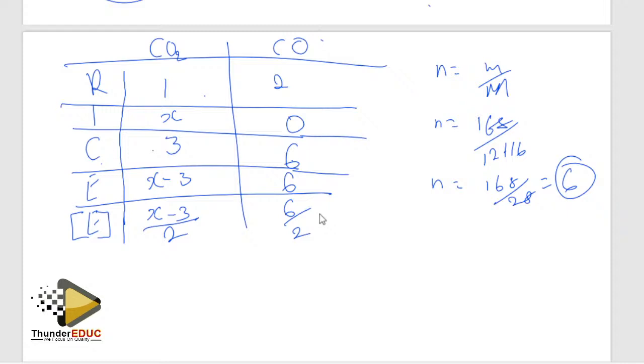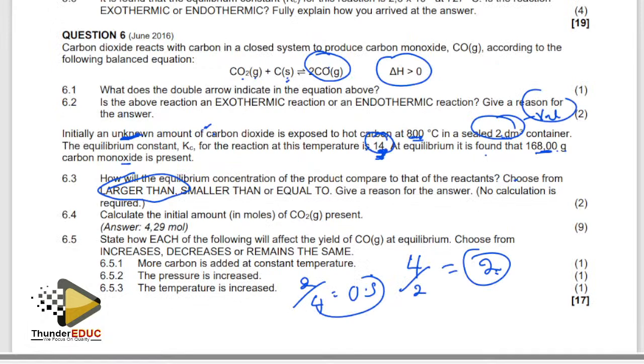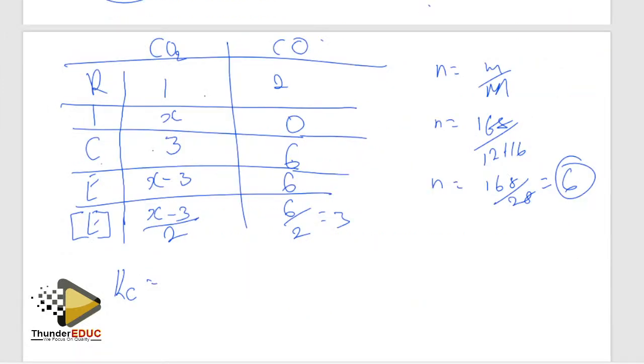So it's gonna be here 3. So now after that, I can apply to Kc. Kc value is gonna be equal to what? I come here and I find out where is this. Yeah, the Kc they said is 14. So the Kc is 14.